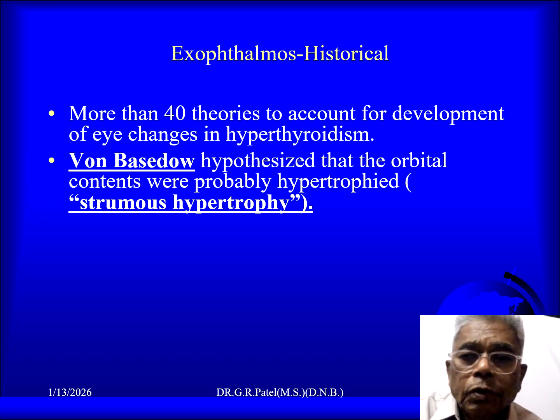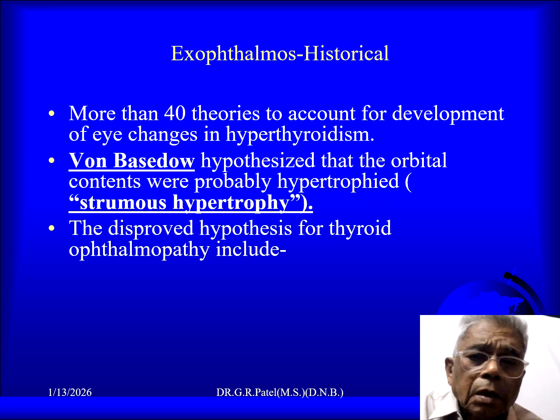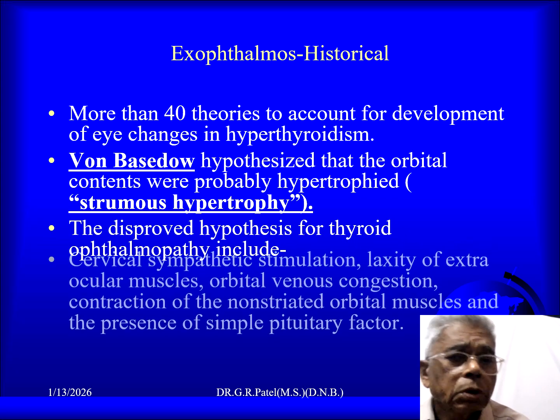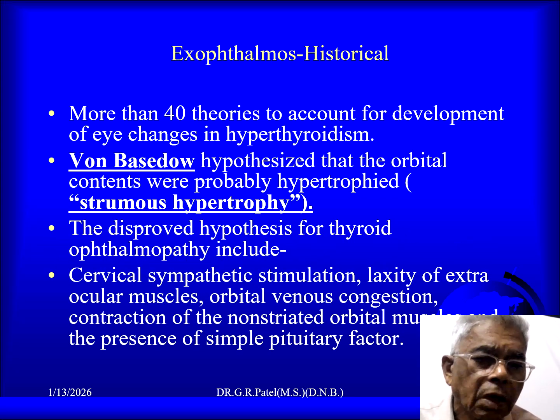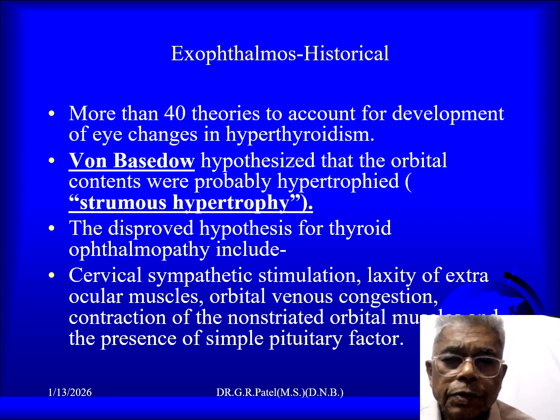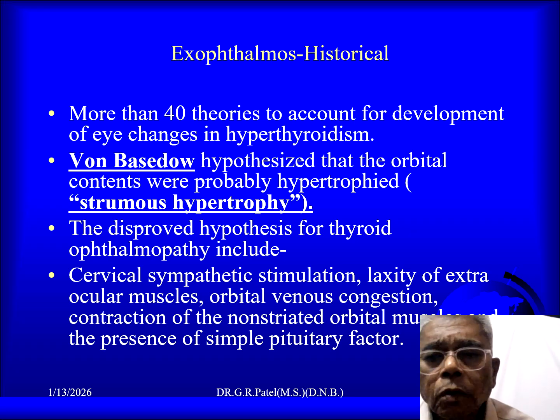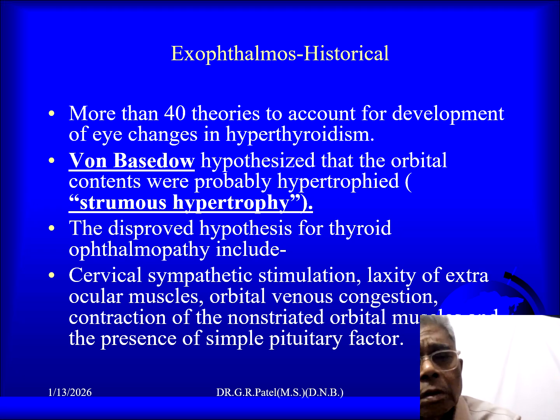The disproved hypotheses for thyroid ophthalmopathy include cervical sympathetic stimulation, laxity of extraocular muscles, orbital venous congestion, contraction of the non-striated orbital muscles, and the presence of a simple pituitary factor.